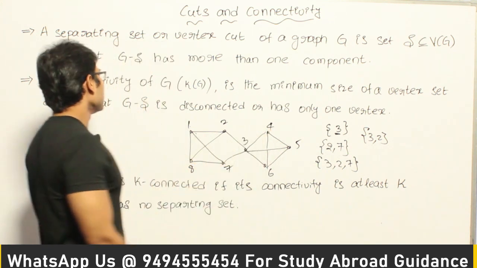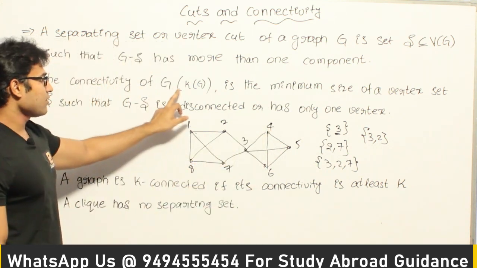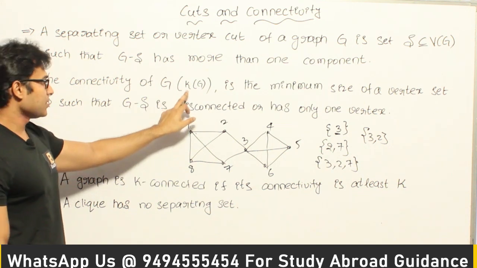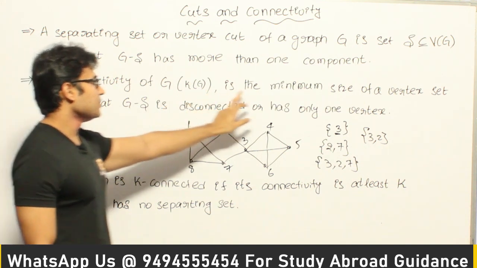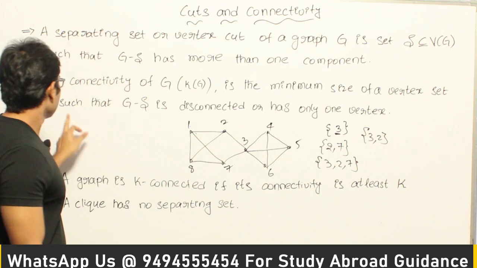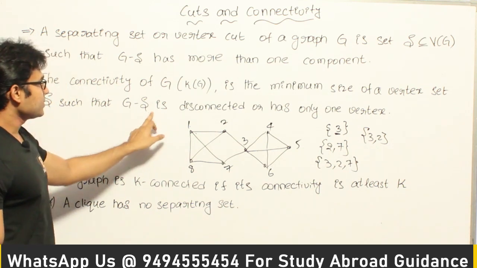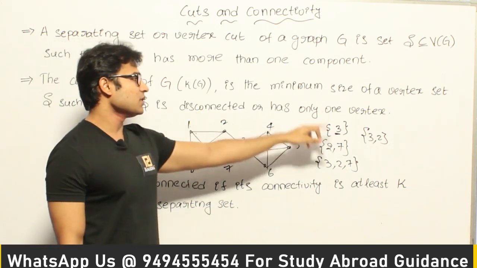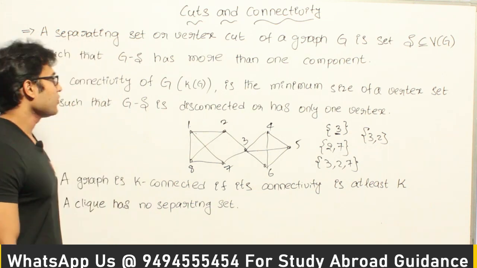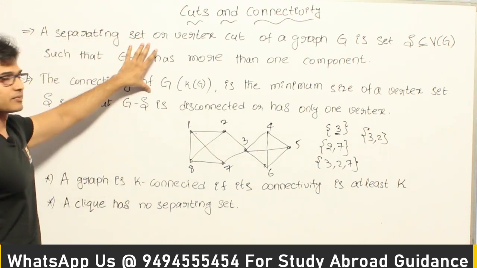Okay, let's take the next definition. The connectivity of a graph G, which is represented by kappa of G, is the minimum size of a vertex set S such that G minus S is disconnected or has only one vertex. There is a basic difference between these two.